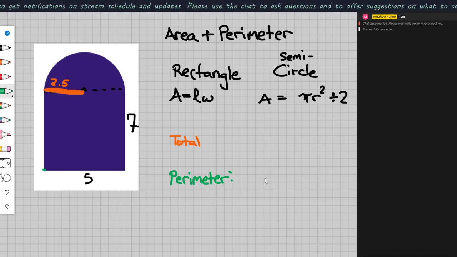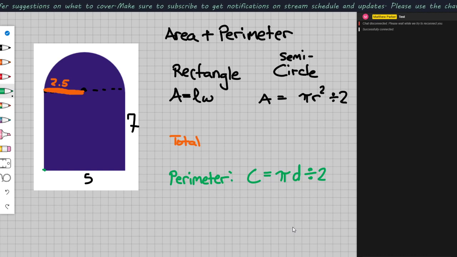To help you with that, not only are you going to add up all the sides, you've got to find the circumference first. To find the circumference, it's 2 pi r or pi times diameter, which we know. And again, it's not a full circle, so we need to find half of it. So we're going to divide by 2.